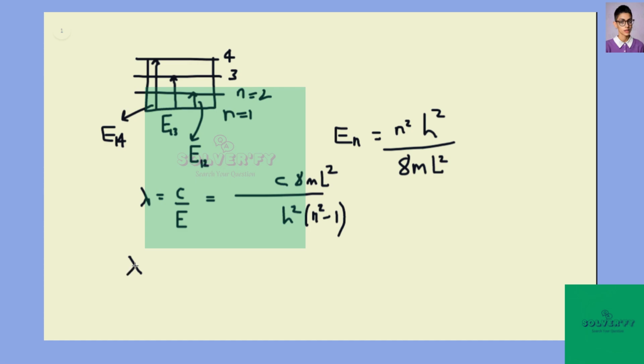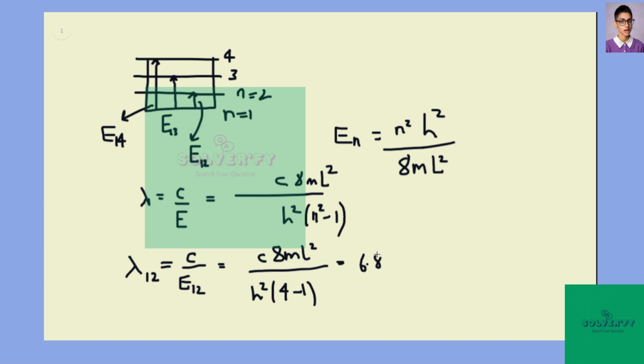So the longest wavelength is 1 to 2, corresponding to the difference in energy levels of 1 and 2, that is equal to C 8m L square over h square, and then 2 square is 4 minus 1. The solution of this is 6.87 when you plug in all the numbers, into 10 power minus 8 meters.